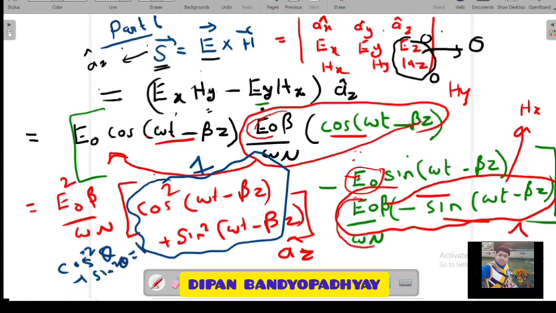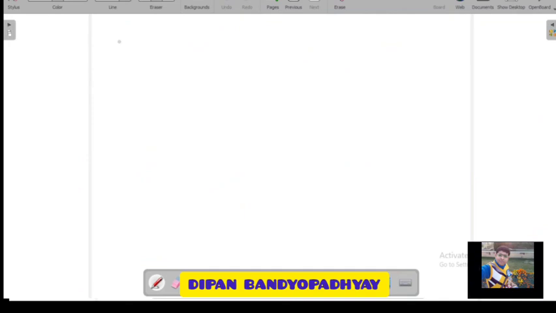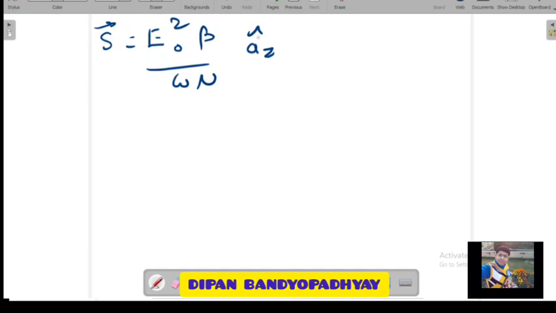So this term is 1. So you have S, this is the unit vector we are calculating, E naught square beta by omega mu Az. This is what you have. Okay. E naught square beta by omega mu and Az.